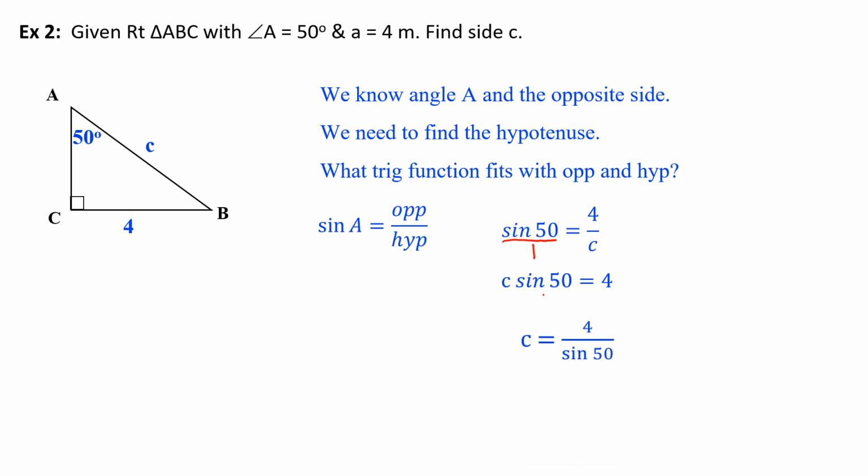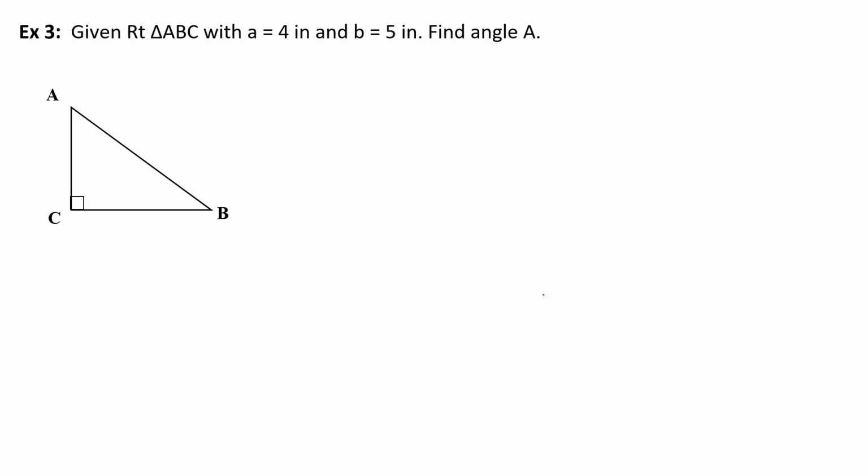If you divide out the sine 50 on both sides and pop that in your calculator, you should get c equals 5.2. Why don't you try this one, see what you can do with it, and then come back when you're done.